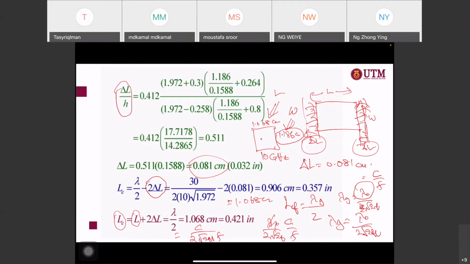Can you find for me what is the W and L if you are using 28 gigahertz, using the same substrate and thickness values as in this example? Just try to do it by yourself.